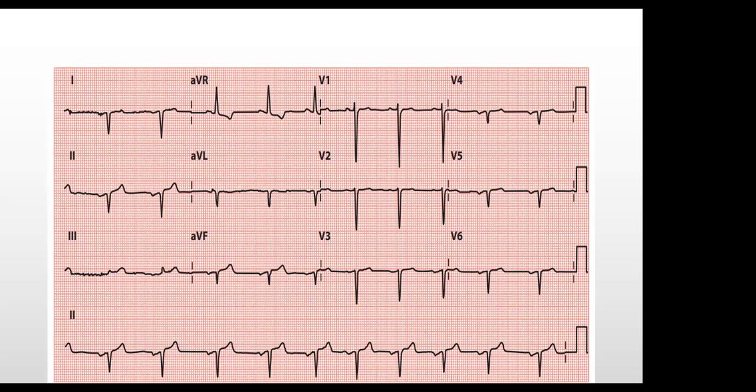So Mohammed, do you agree with what Dr. Aposa said? Yes. In addition, V4, V5, V6, and AVL, AVF also have low voltages.